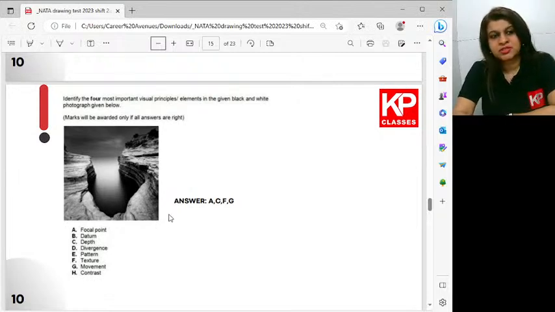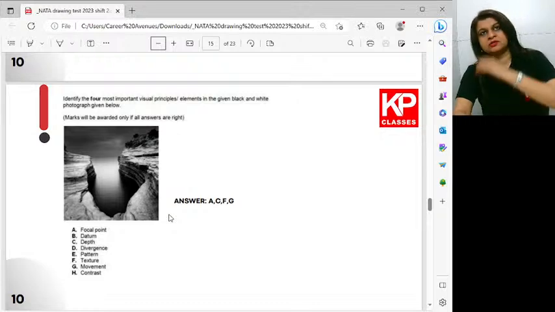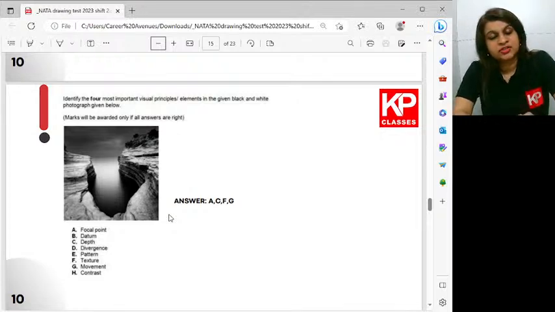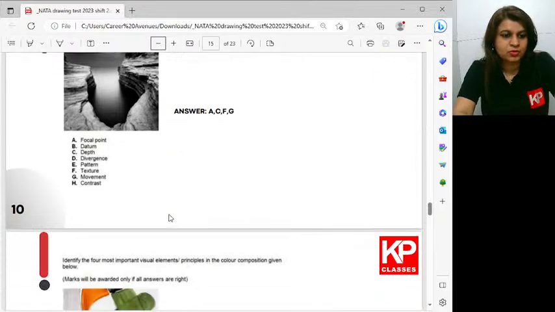Analyze these images properly. This is the similar sort of questions which had come in the shift one also, right? Which I had discussed in the first live session, the previous live session before this.